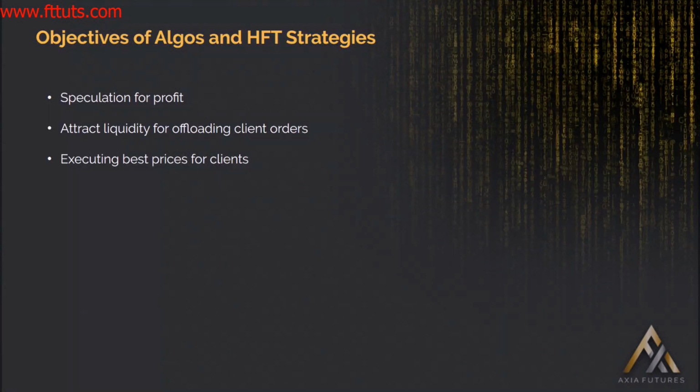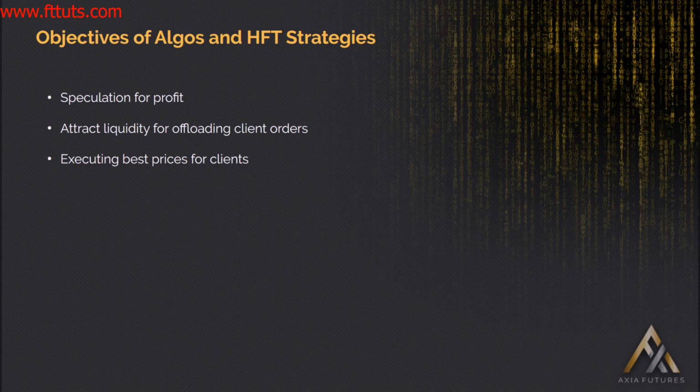The objectives of algos and HFT strategies. The main objective is to speculate for profit. They're there to utilize optimal strategies to extract very nanoscale profit opportunities, especially if it's an HFT system, or to attract liquidity for offloading client orders.